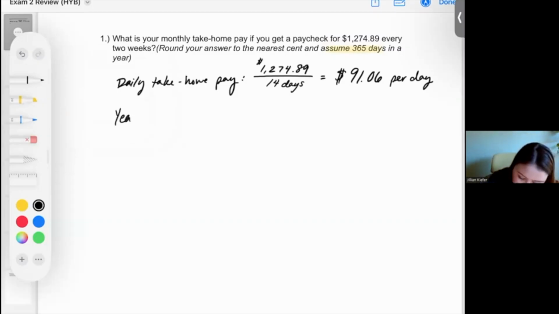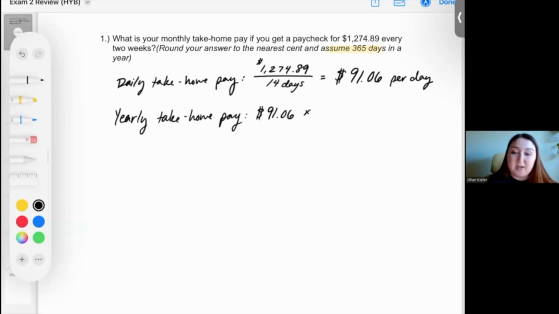So yearly take-home pay: the amount we make each day, $91.06, times the number of days in a year, 365.